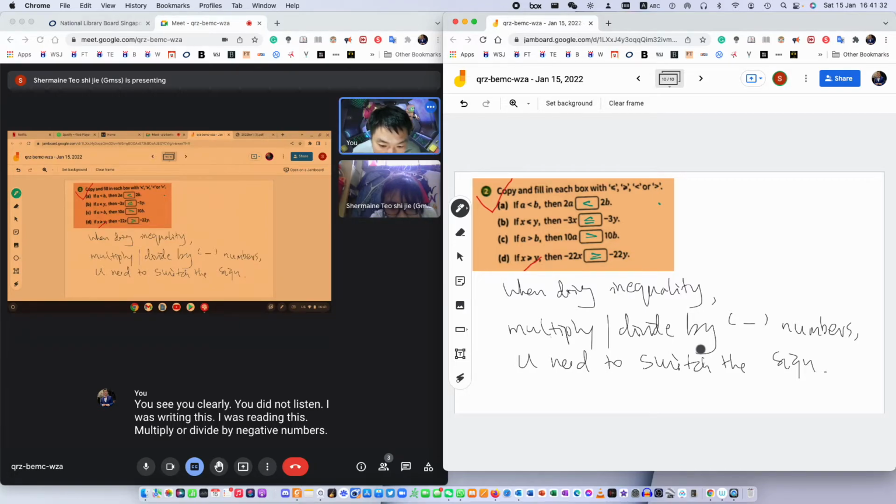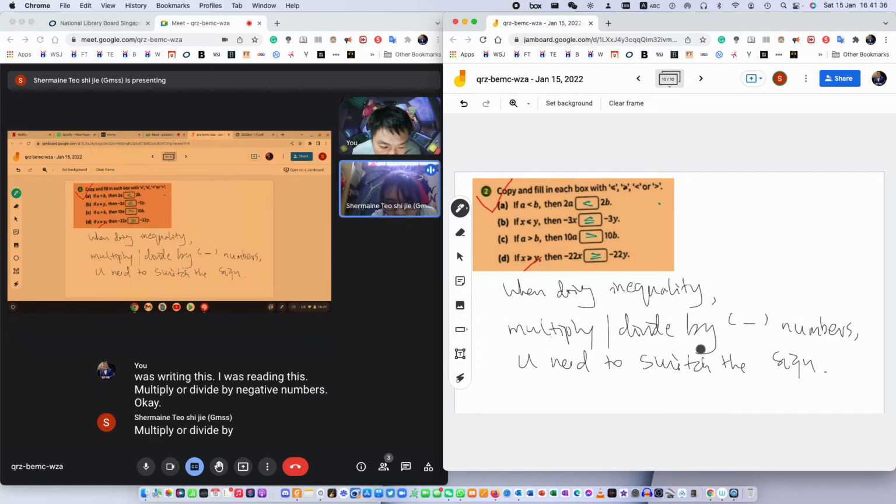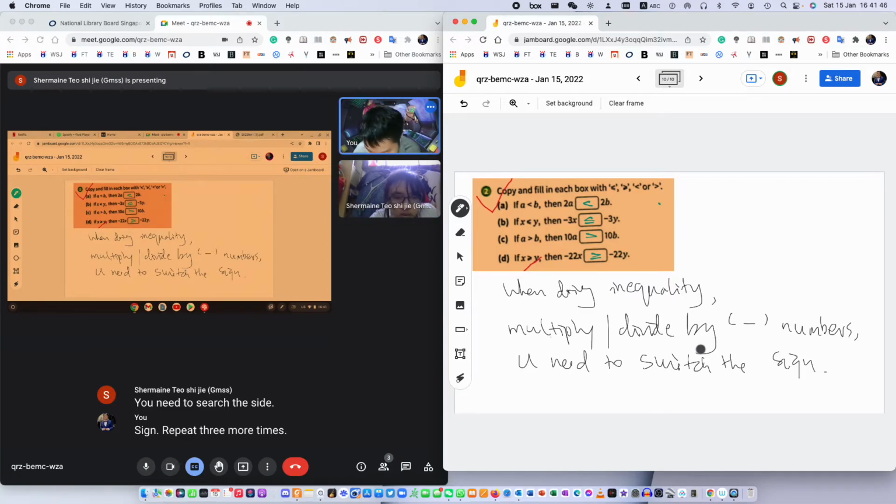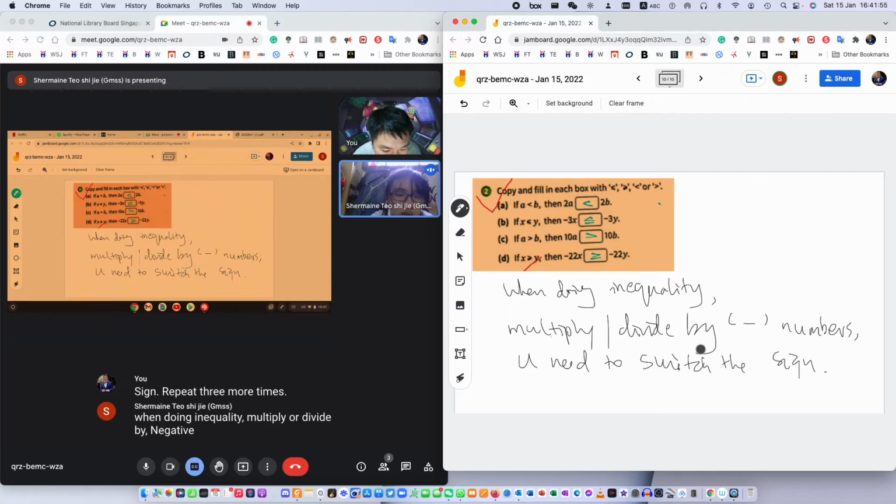What did I say? Multiply or divide by negative numbers. Continue. You need to switch the sign. Repeat three more times. When doing inequality, multiply or divide by negative numbers, you need to switch the sign. One more time.